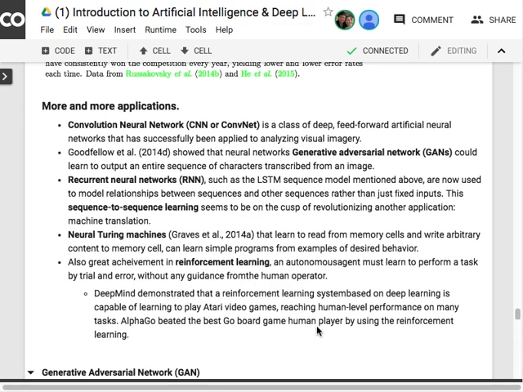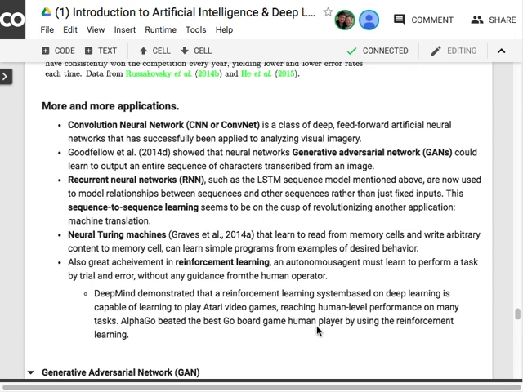And giving more and more applications. I wrote down the very popular deep learning algorithms nowadays, and you will learn in the course CNN, RNN, and GAN if possible.